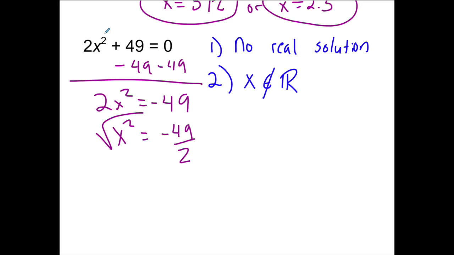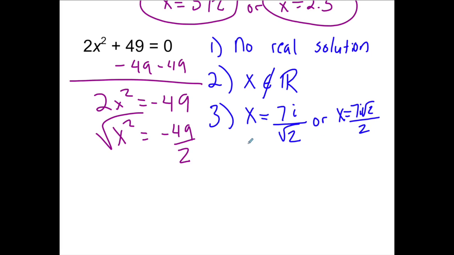And if it was not an x, you would just change that letter. 3, I would take the answer x equals 7i over the square root of 2, if you've learned about imaginary numbers, or I would take x equals 7i root 2 over 2.